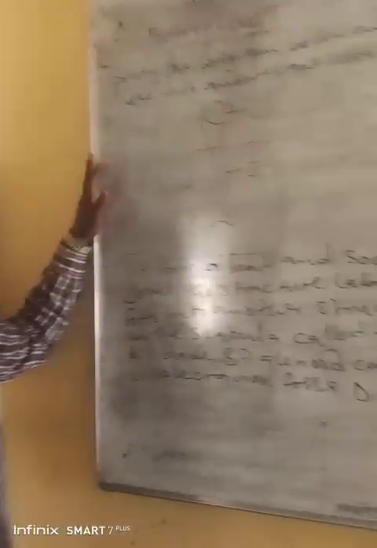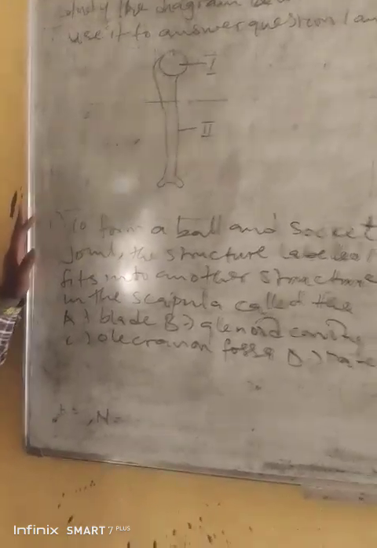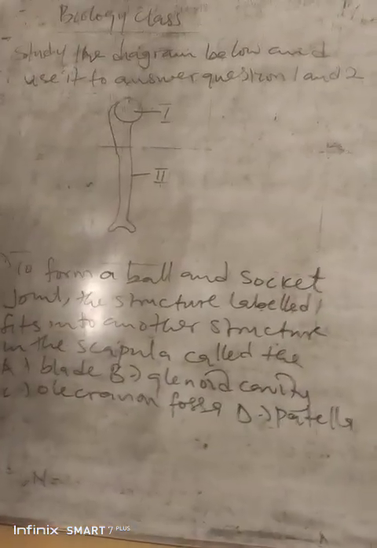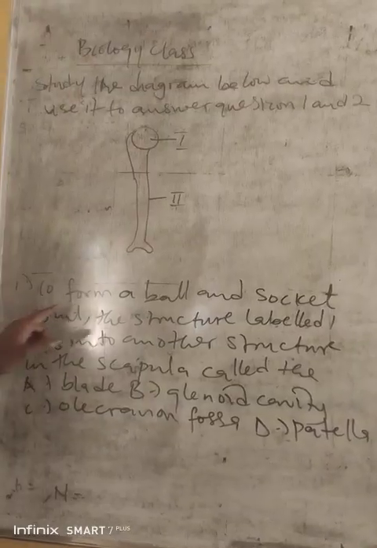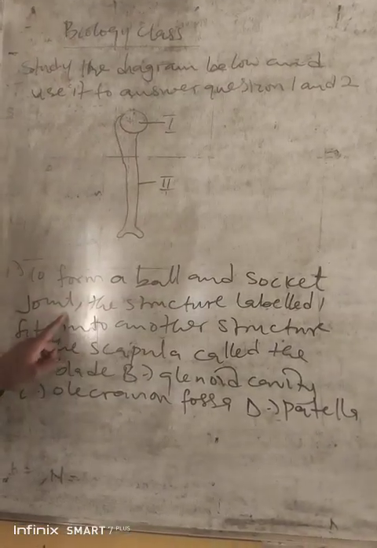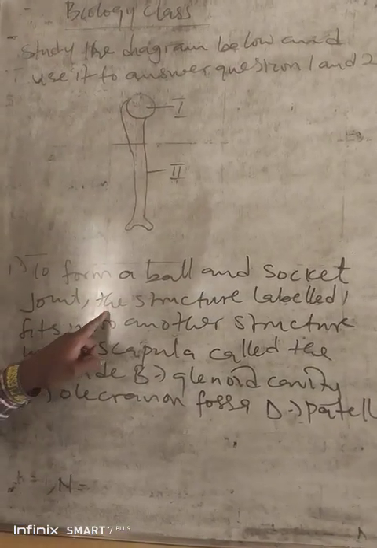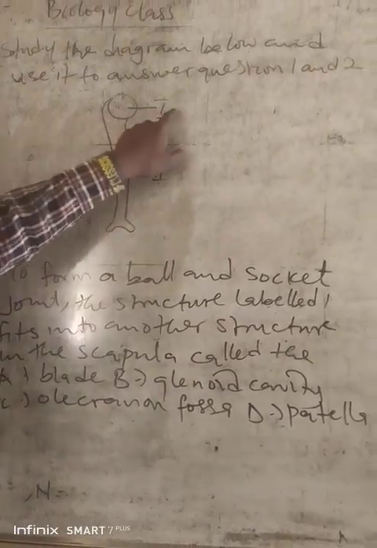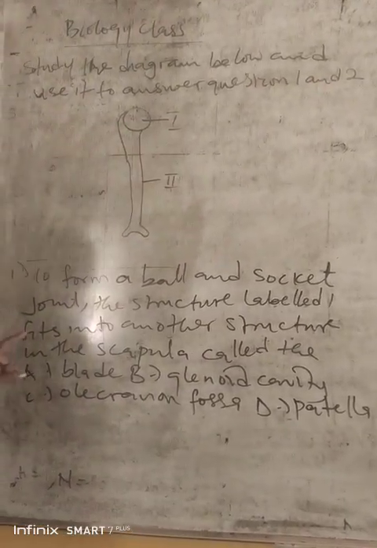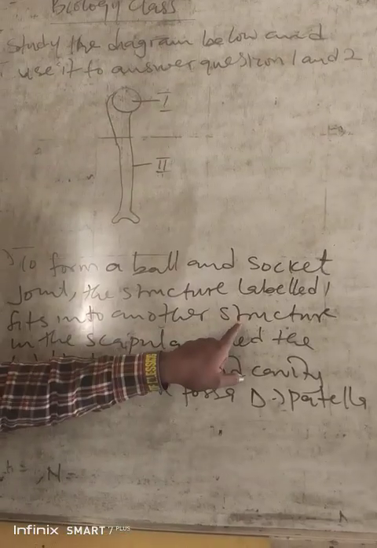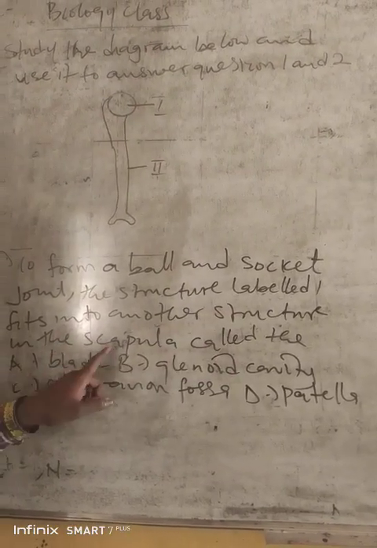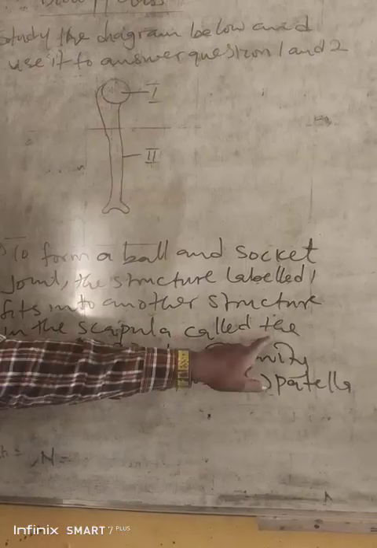Look at the question they are asking here. We did it this afternoon in the practical class. They said to form a ball and socket joint, the structure labeled I, which is this round head, fits into another structure in the scapula called the dash.